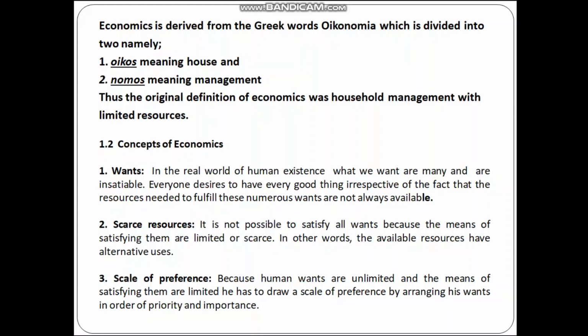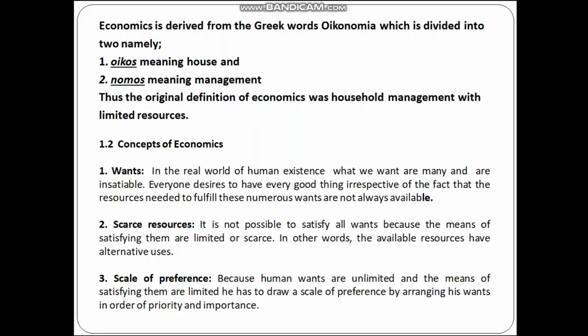It is not possible to satisfy all wants because the means of satisfying them are limited or scarce. In other words, the available resources have alternative uses. They cannot satisfy all the alternative uses. They can only satisfy a limited number of uses, hence they are regarded as scarce.